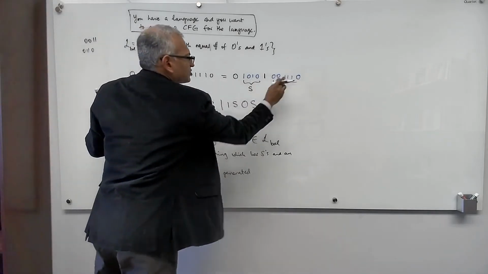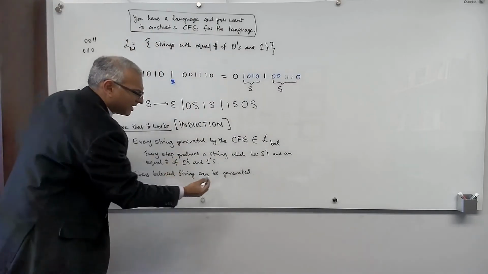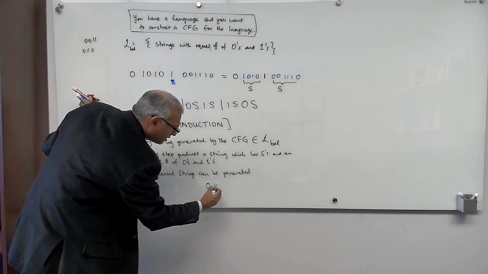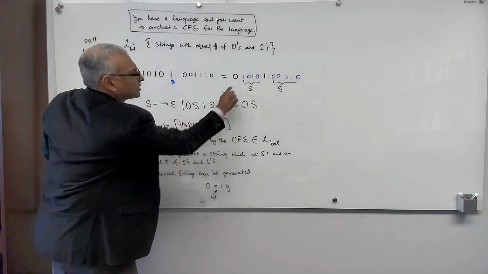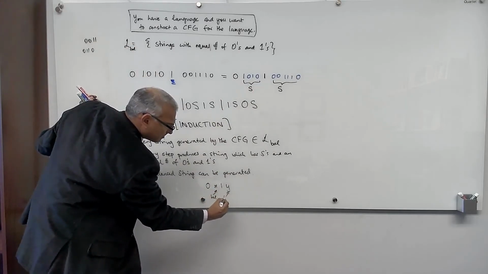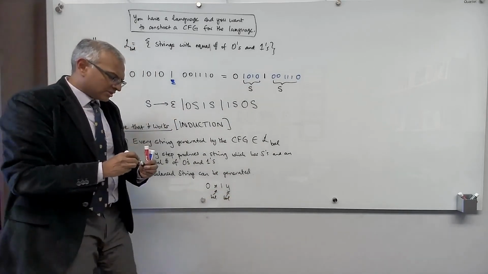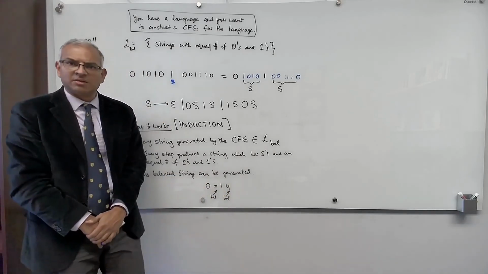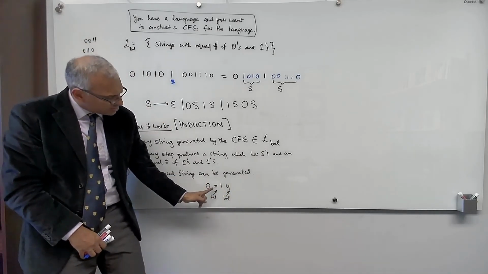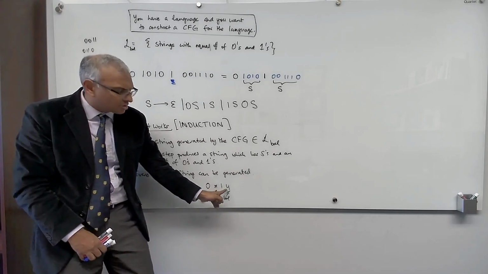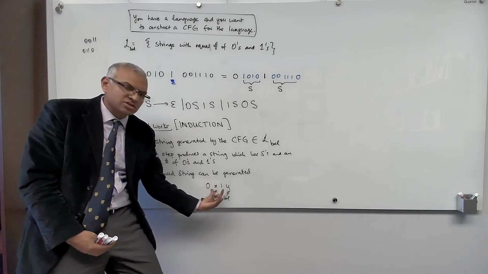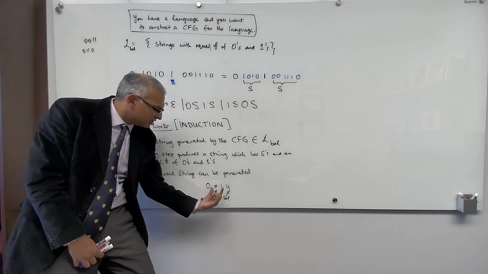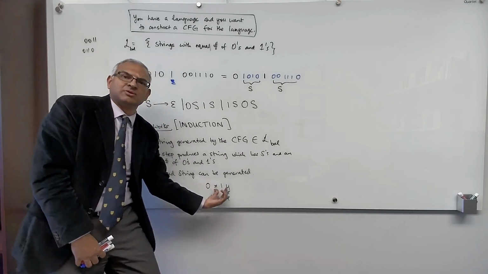So any balanced string, let's suppose it starts with a 0. So any balanced string is of the form 0, x, 1, y, where x is balanced, and y is balanced. Now we want to prove that this long balanced string can be generated. Okay? But x is a shorter balanced string, and y is a shorter balanced string. Okay? So by induction, these shorter balanced strings, so this would be an example of strong induction, these shorter balanced strings can be generated.